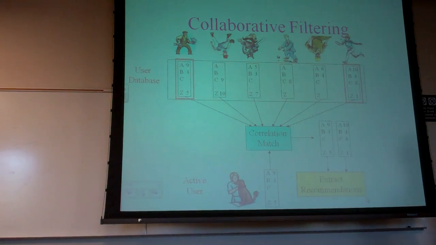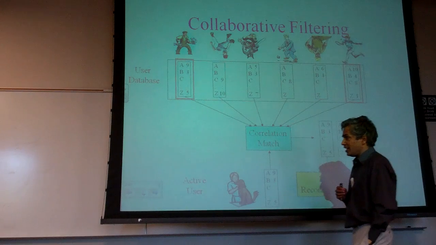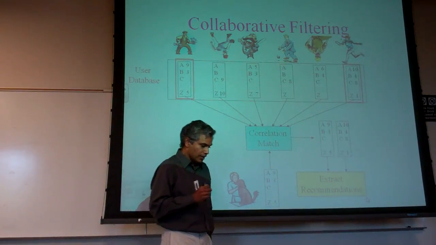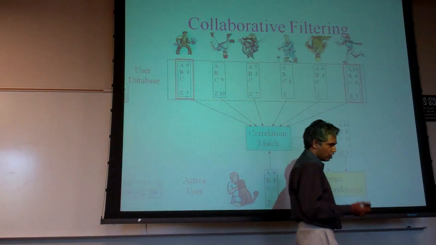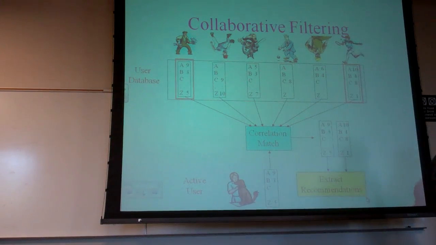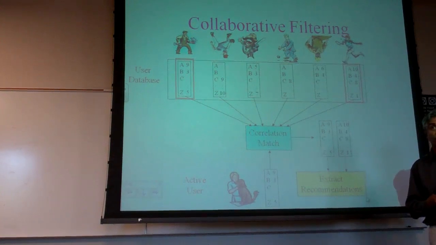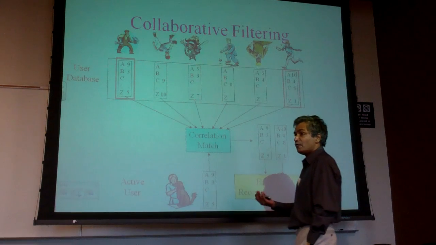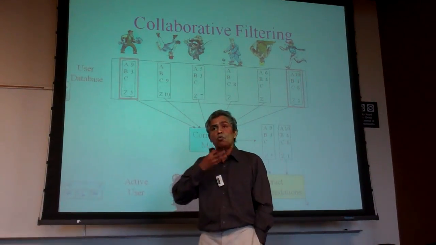Okay, so the one thing that I was mentioning at the end of last class was that between content-based filtering and collaborative filtering, content-based filtering is domain sensitive. That means it actually needs to know what it is that it is recommending. And collaborative filtering is domain free because it doesn't know what it is recommending.